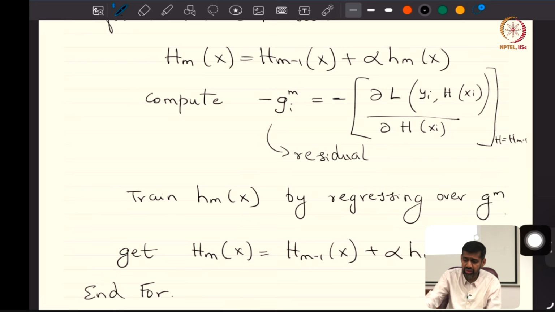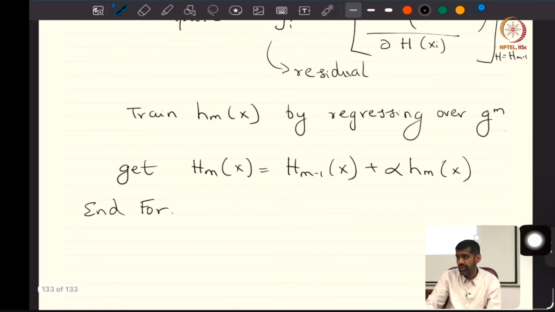Now, by the way, in the gradient boosting algorithms we never restricted the form of h_m. You can find an ensemble of neural networks by using this algorithm. There is nobody stopping you from doing that.